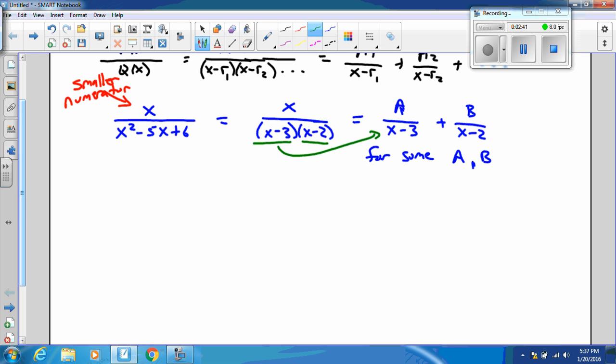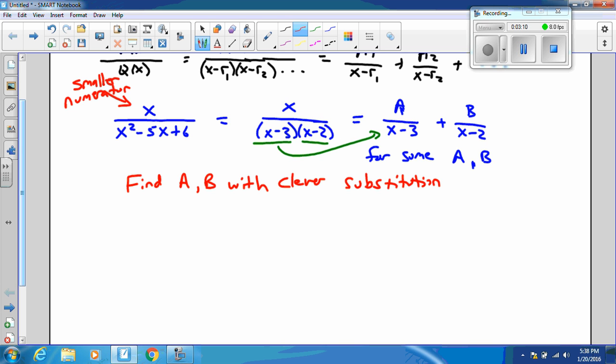Now, the question is, how do we determine the values of a and b? And there are a couple of methods that are useful. I'm going to illustrate one method here, and that's going to be the method of clever substitution. And then I'll illustrate the second method in my second example.